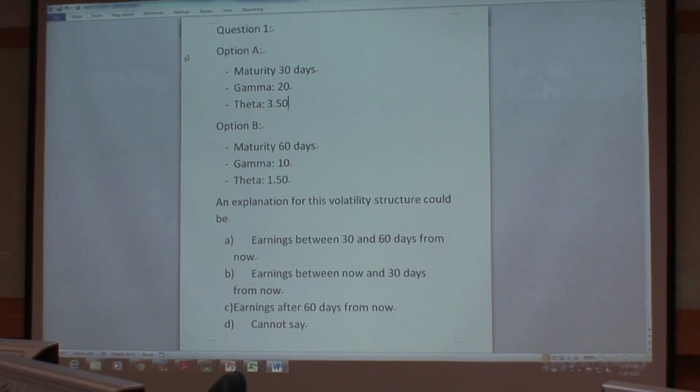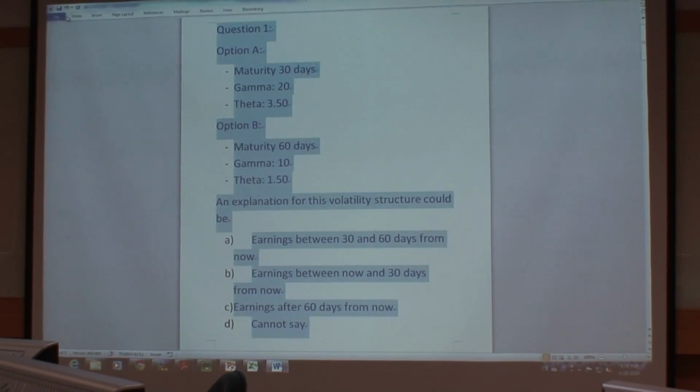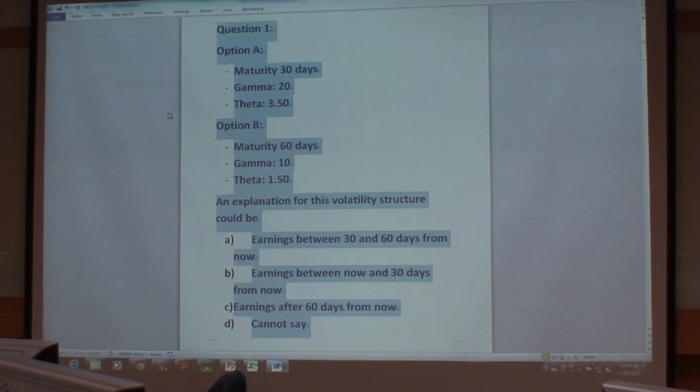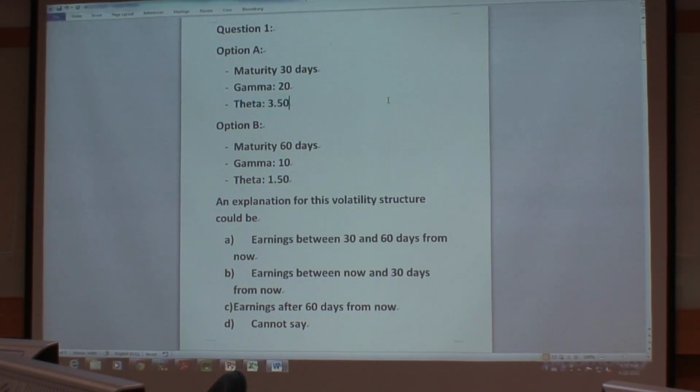So I'm going to start. I have two options out there. Can everybody see? Otherwise I make it bold. So the first one, I have two options. Option A, which has a maturity of 30 days, I get 20 gamma for 350. I have option B, maturity of 60 days, I have 10 gamma for 150.